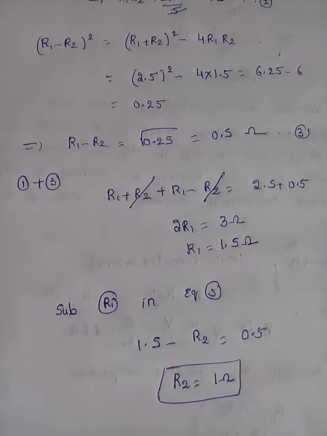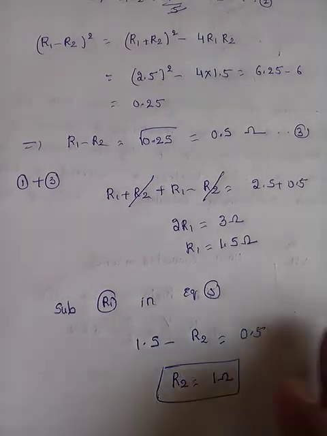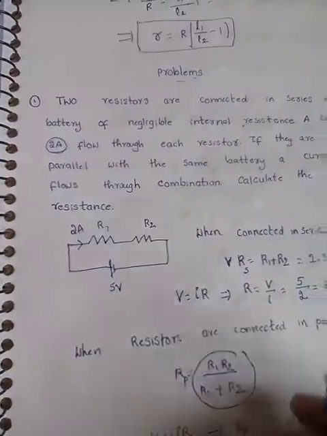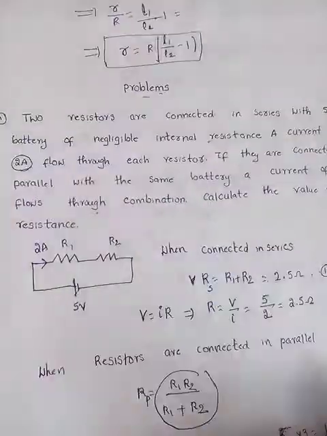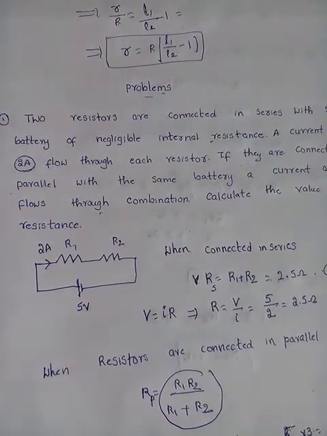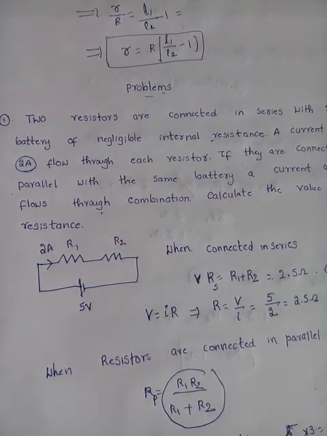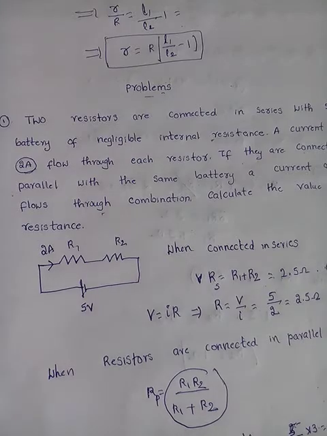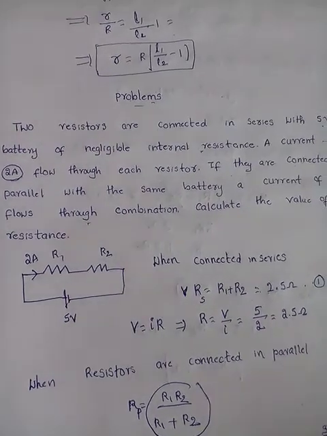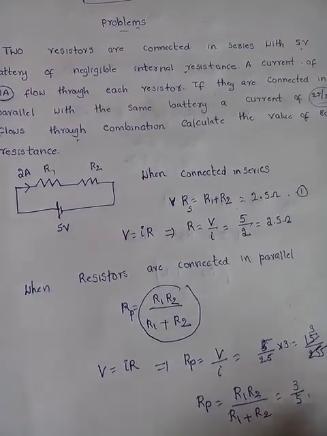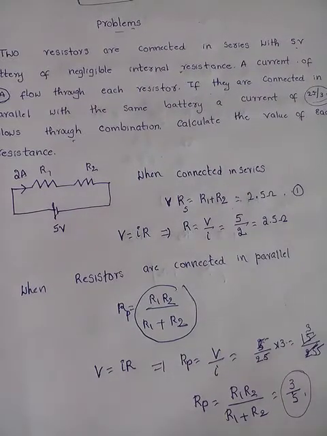So, this is the way to calculate the individual resistances when they give the current flowing through the resistances. In some cases they can give the values directly, instead of saying that a battery is connected and giving the current. What I will say is, when two resistors are connected in series, the effective resistance is some value, for example 2.5 ohms, and when they are connected in parallel the value is 0.6.